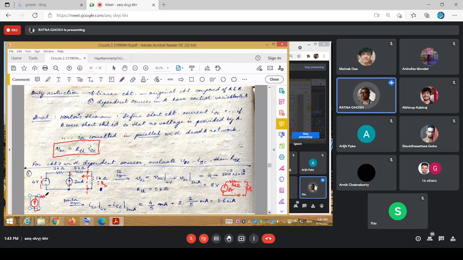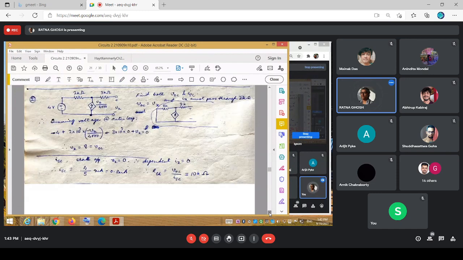The dead network, please understand, would still be the same. So I'm not recalculating that. So that is 5 kilo ohms, and this is 1.6 milliamperes. Okay, so that is the overall representation that you get.